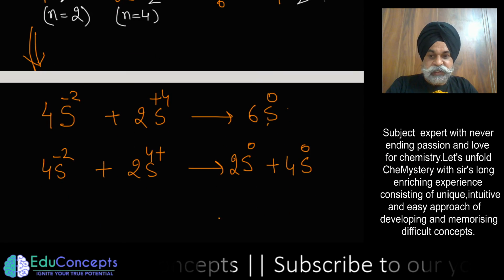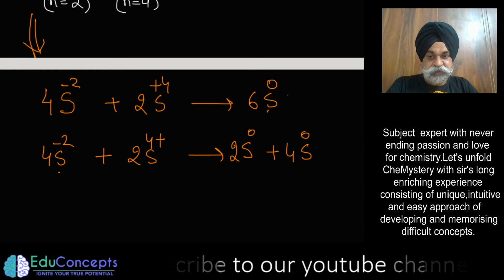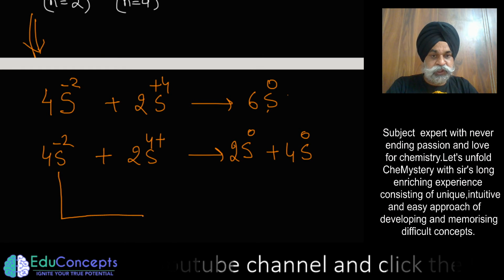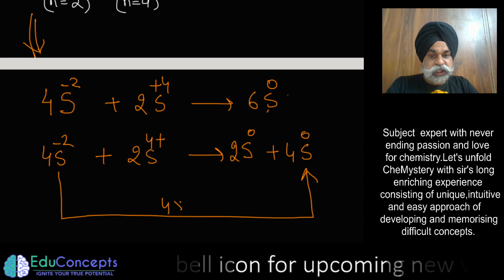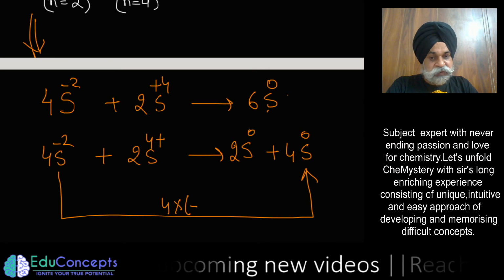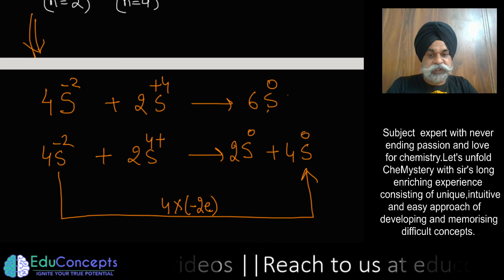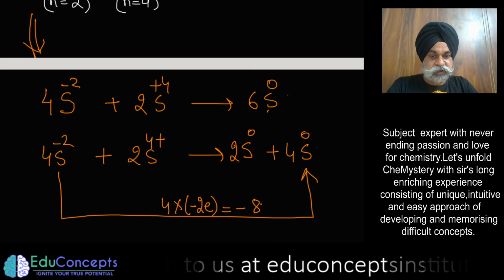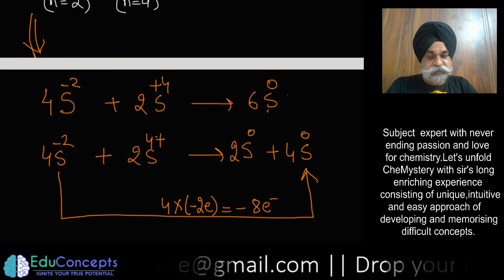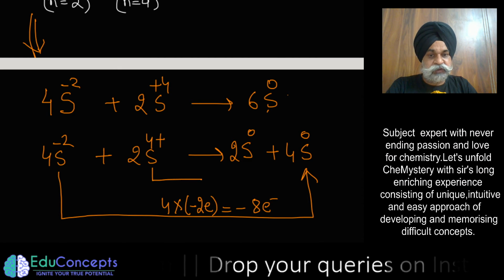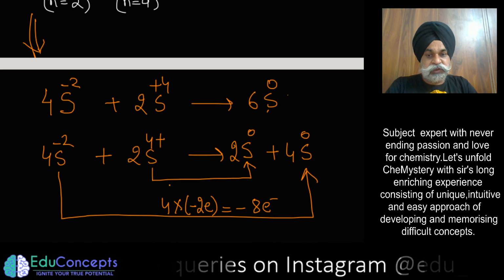So what I can say here is 4 sulfur atoms are going from -2 to 0. That means 1 mole has lost 2 electrons, so 4 moles have lost 8 electrons. And there are 2 sulfur atoms of +4 oxidation state. They are going to 0 oxidation state.